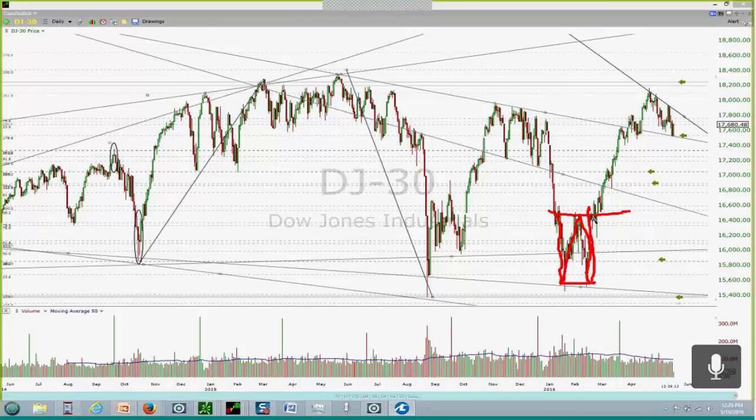Once we broke above that midpoint, we went up. And now we've got the run up, and this looks like a pennant flag, which could be a bearish signal on top of everything else to bring price potentially down if we break that support level that we're sitting on right there.